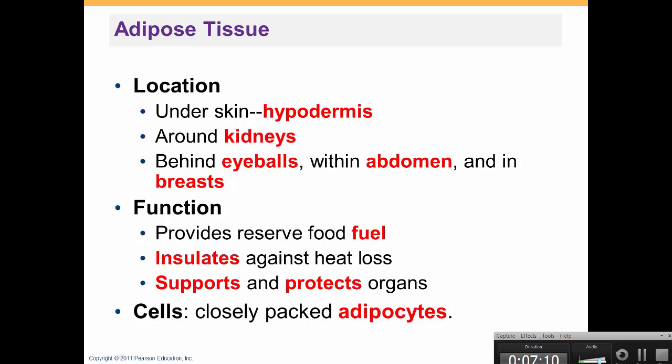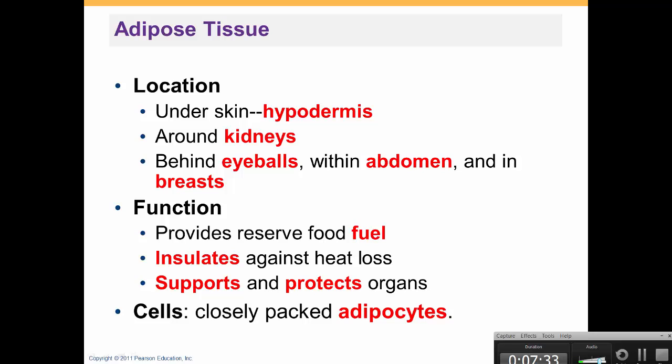What's the function of the adipose tissue? It's a reserve for food, fuel. It also insulates the heat, so it protects you from losing heat or gaining heat from the environment. And it's also support and protection of organs, like around the kidney, so it protects your kidney.